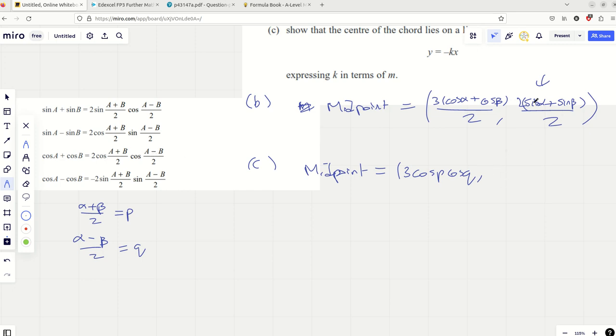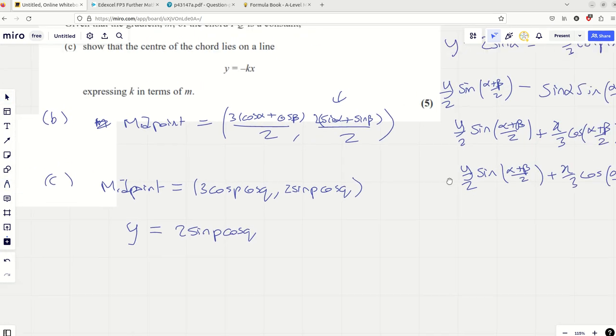And here, because you've got sine alpha plus sine beta, this is going to be the same as 2 sine p cos q. Happy with that, I hope. Okay, so what do we know? We know that our y coordinate equals 2 sine p cos q. Okay, not very useful at the moment.